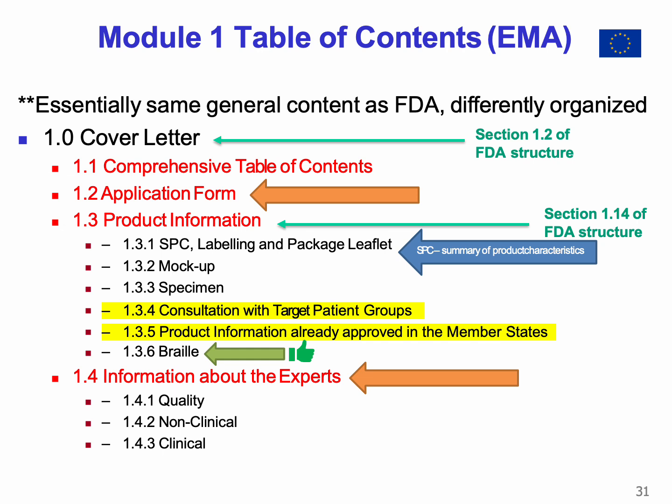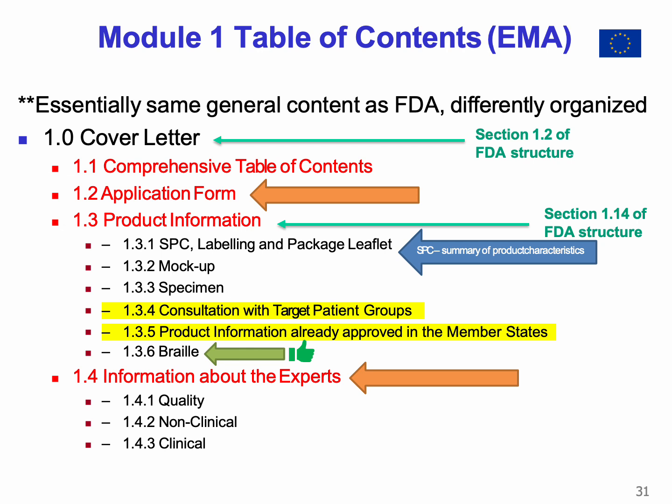Now, continuing with that, we can see that for Module 1 of the CTD for the European Union, we have the cover letter. That cover letter is equivalent to module 1.2 in Module 1 of the CTD for FDA. So again, we ask for the same information, but the names or the sub-modules are not necessarily the same.